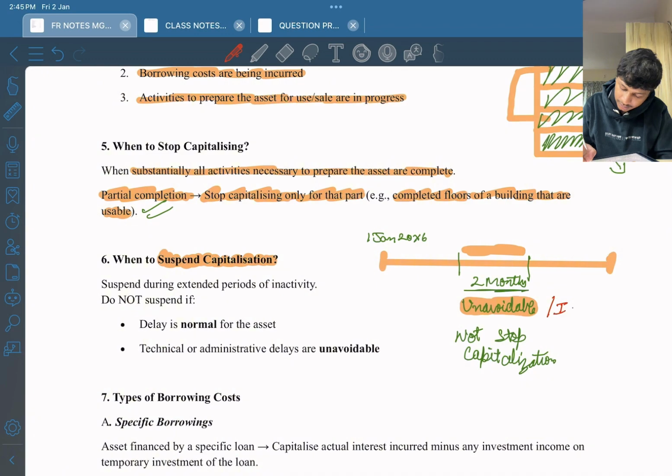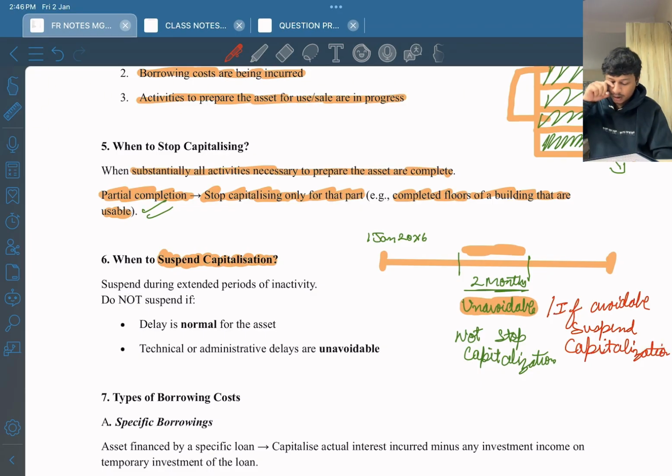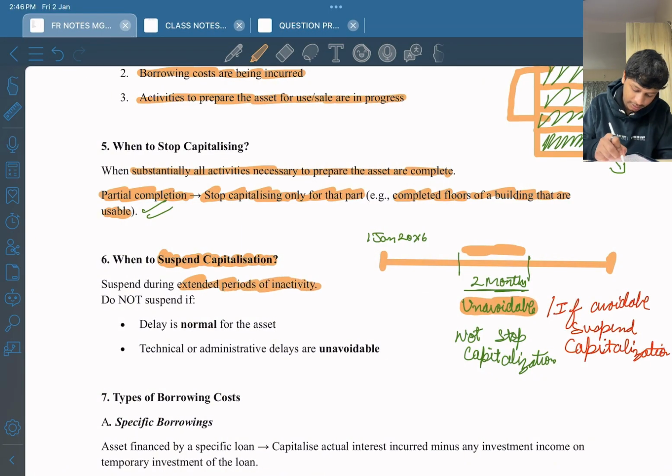If this pause was avoidable, we would suspend capitalization. This is the point that we have to remember: suspend during the extended period of inactivity.